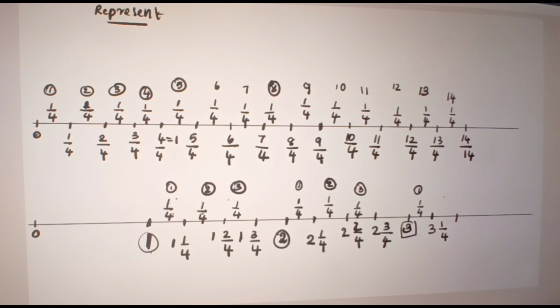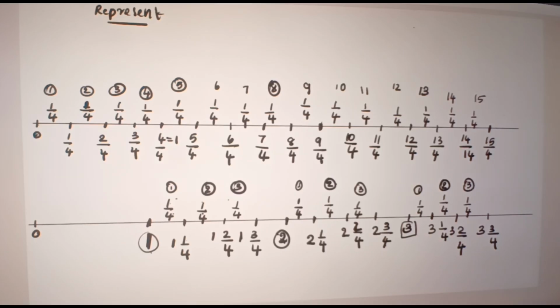So you can write that as 3 wholes and 2 over 4. Now if you add another 1/4, that is 15 over 4. So total 15 1/4s are there. So 3 wholes and 3 over 4. Is that clear how to write this on the number line?